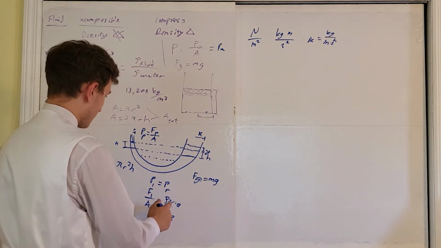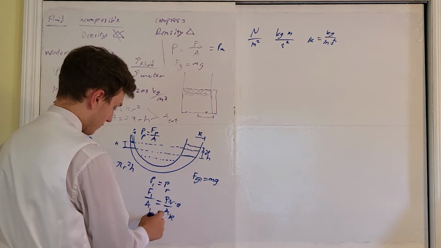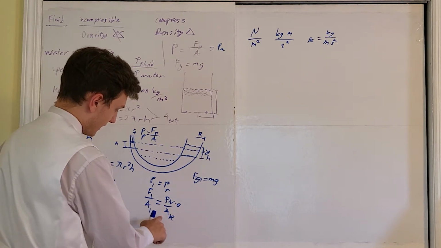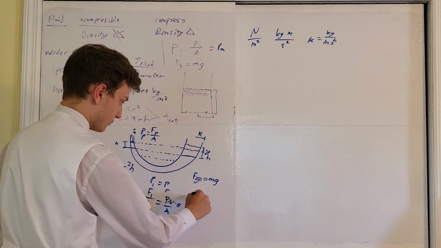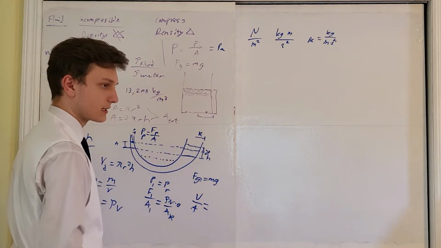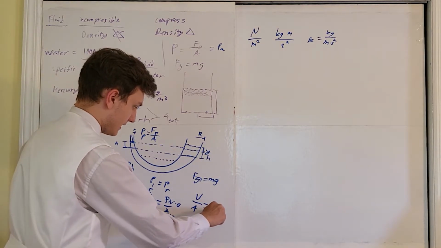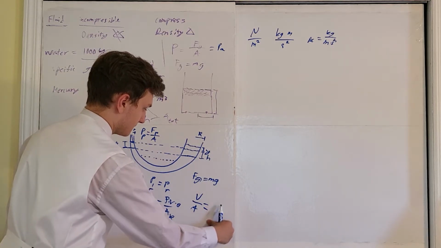And since rho Vg is our gravitational force here, we are dividing by the area through which that gravitational force is applied. So we get a volume divided by an area, and that gives us a linear distance h, or let me use a different variable, z.